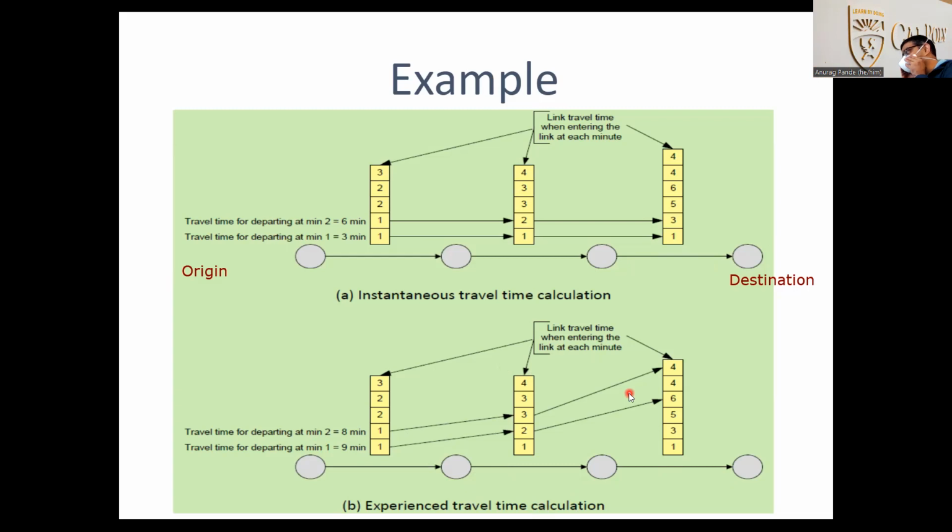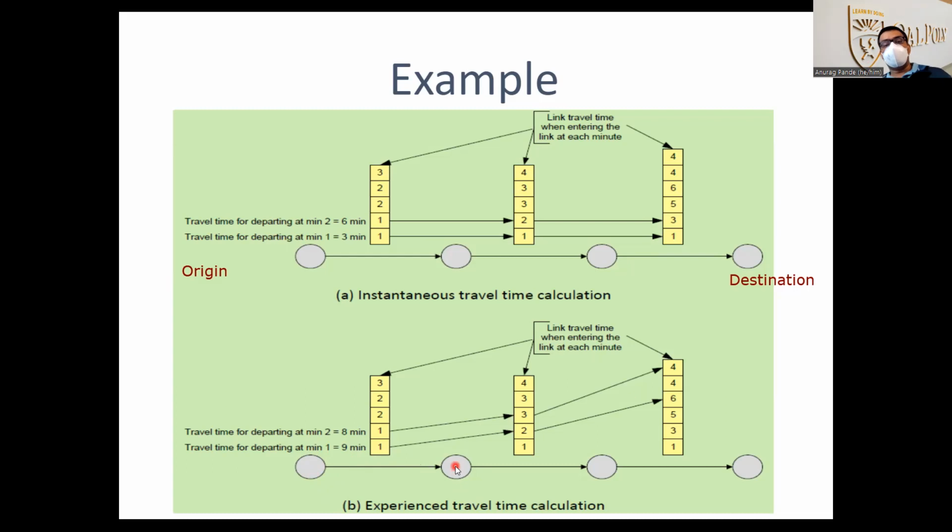Now let's think about this. With instantaneous travel time, if you depart here at t equal to 1 minute, now you start to account for what time you would reach the second node. If you started here at t equal to 1, how much time would you take to travel this link? 1 minute, right? That's right here.